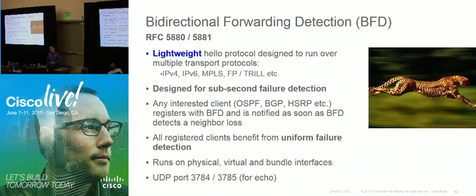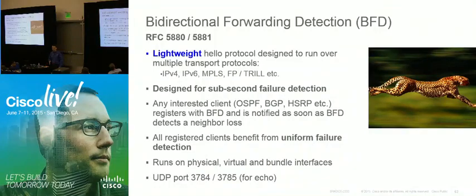The way it works is we have a bunch of clients, OSPF, BGP, HSRP. They register to BFD and get uniform detection capabilities. I don't have to worry that I've tuned timers on one protocol but have different values on another, so this one converges faster and this one converges slower. How in the world do I troubleshoot a network like that? It's not going to work.